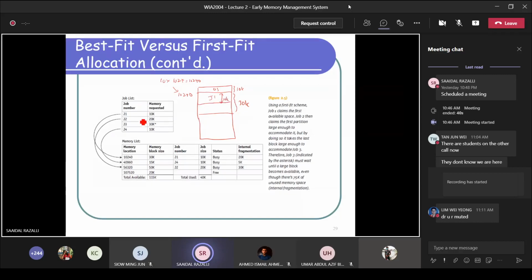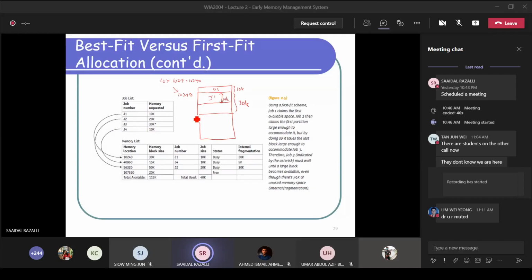Job 2 needs 20K, and the memory location is 40960. The memory block size is 15K. Job 2 cannot occupy this 15K block, so job 4, 10K, goes here.